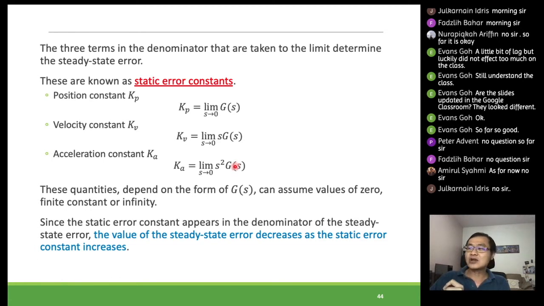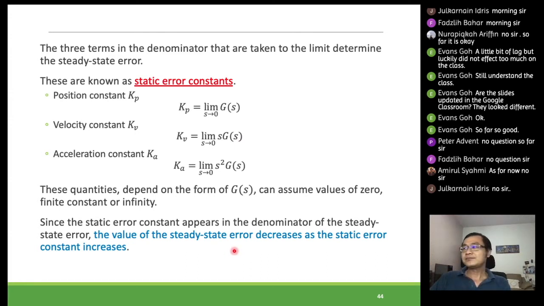If we get this constant as infinity, let's say we get the Ka as infinity, meaning to say if we are giving a parabola as input, we would get a zero steady state error. If we get Kv as infinity, meaning to say if we are giving the velocity type of input, then the steady state error will be zero, right? So this is how they are related.